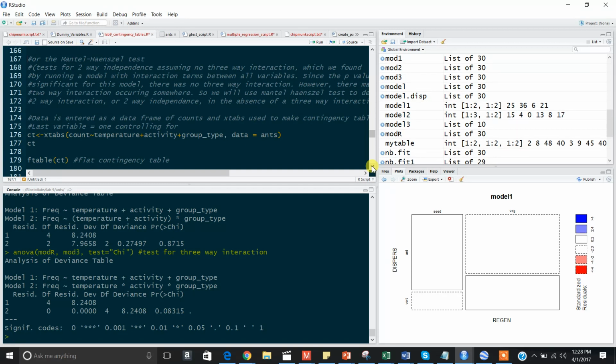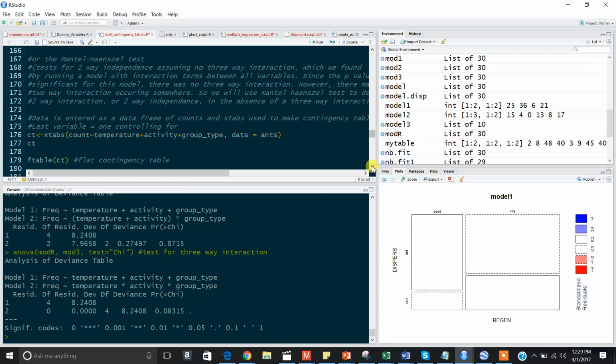Using the Mantel-Haenszel test, you could then operate on a 2 by 2 by 3 contingency table, where the third variable is the one that you're controlling for. In this example, it would be time of day. So you're testing the interaction between your success and your treatment stratified for time of day, or controlled for time of day.